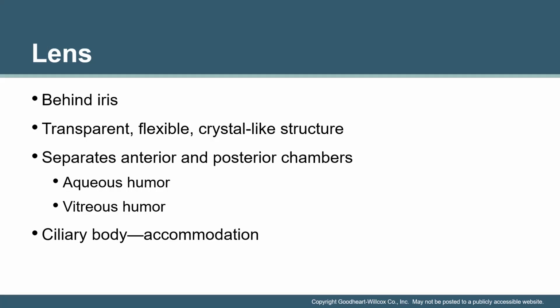The ciliary body delivers us the ability to accommodate or make the lens thicker, change the way the lens is able to refract light that comes through it, which is pretty cool if you think about it. So yes, it's crystalline, but it also is kind of flexible, right? A little bit of sponginess to it.